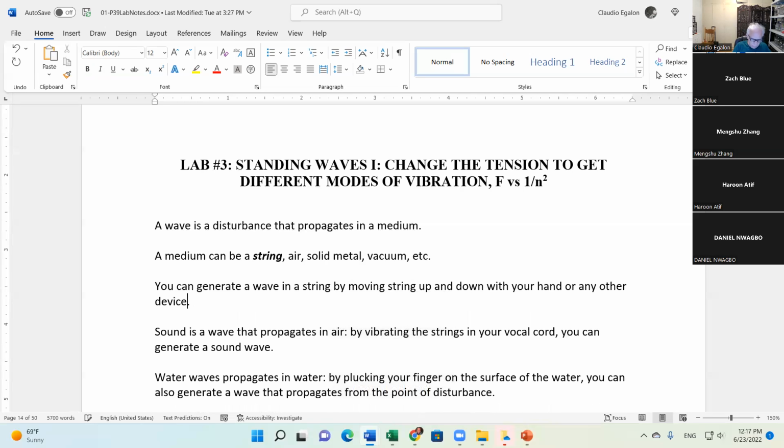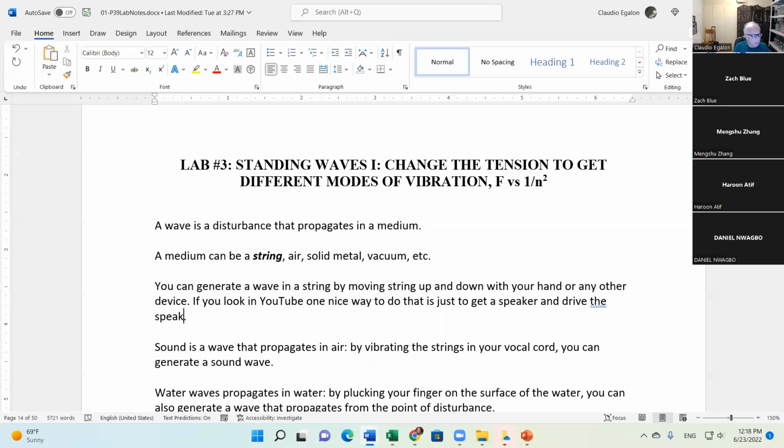If you look in YouTube, one nice way to do that is just get a speaker, attach it and drive the speaker with a function generator.